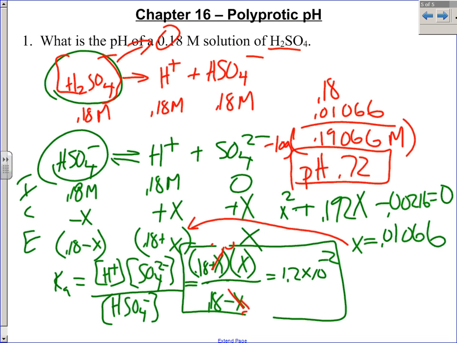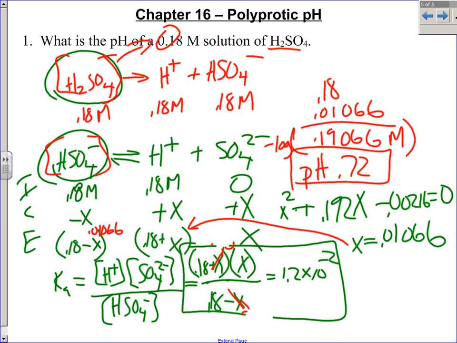My HSO4 minus would be 0.18 minus 0.01066, so I could subtract that here and then I would calculate this concentration.